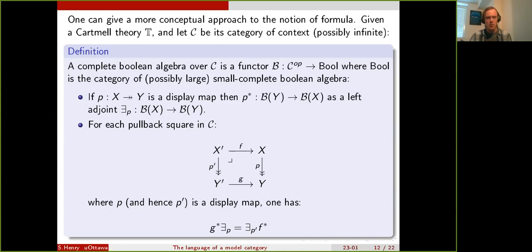saying that if I have a pullback of a display map, so in this diagram P is a display map and G is any map and the square is a pullback, then I want the formula written below.